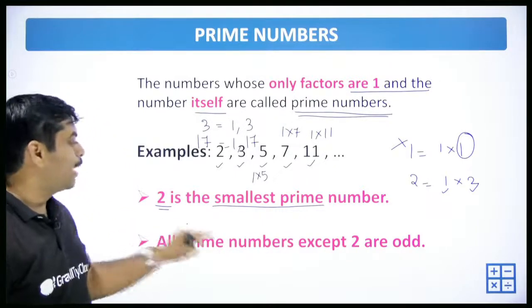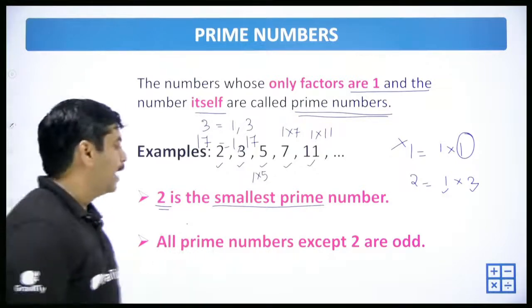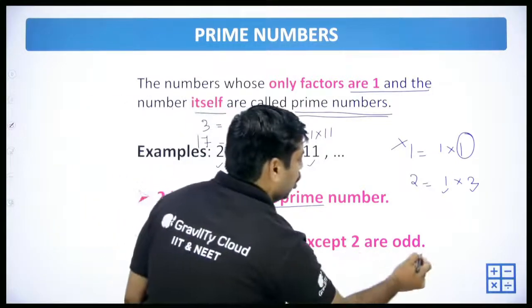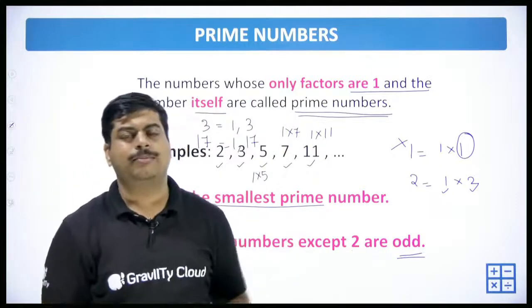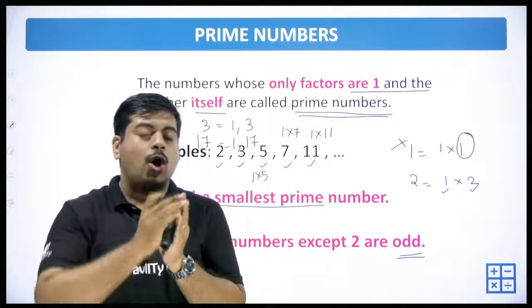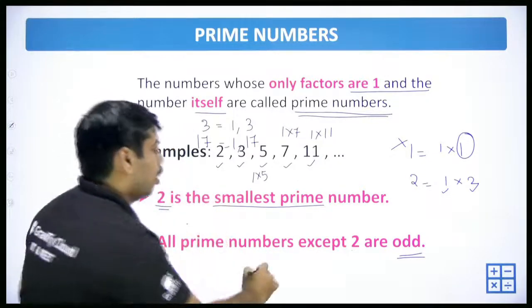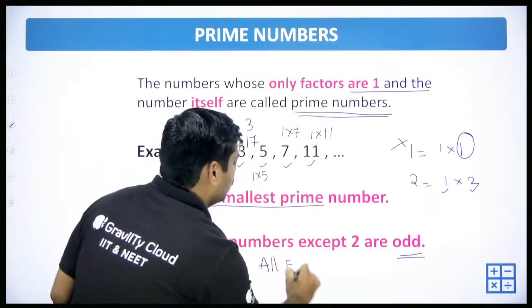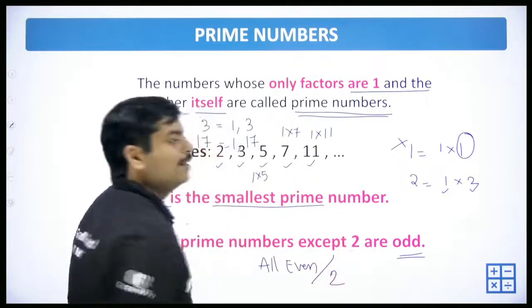All prime numbers except 2 are odd. You can write 4, but it is 2 into 2. It's not a prime number. 6, not a prime number. Because all even numbers can be divided by 2.